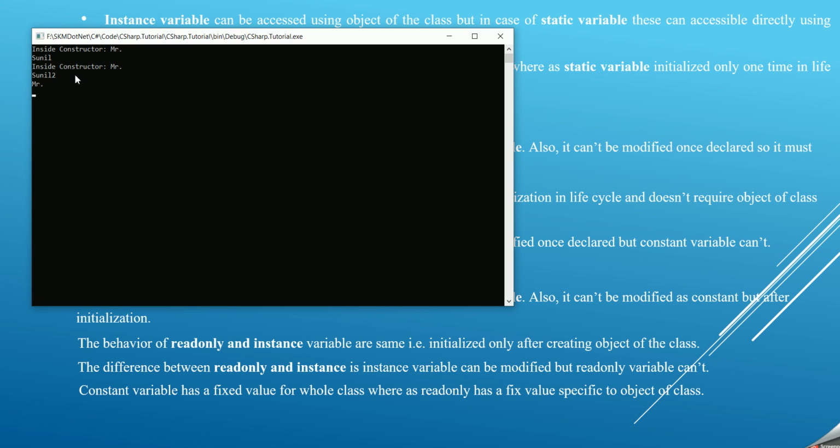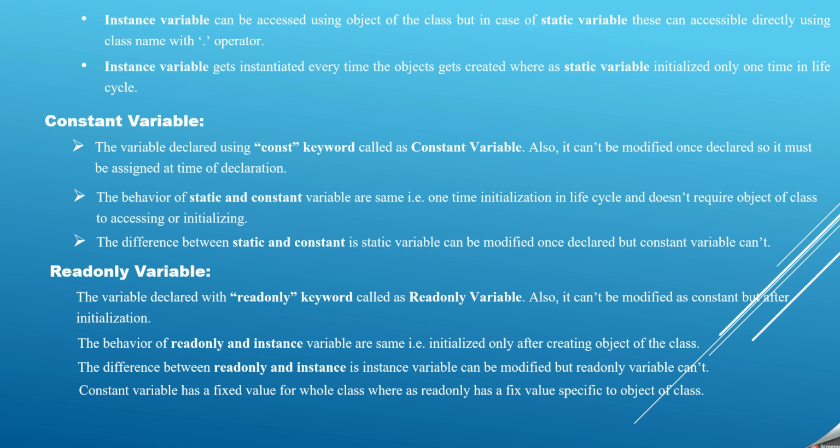Even it prints the third time also, right? So it proves that a constant variable has a fixed value for the whole class, whereas read only has a fixed value with respect to the object. So here object 1 prints Sunil and object 2 prints Sunil 2, right?